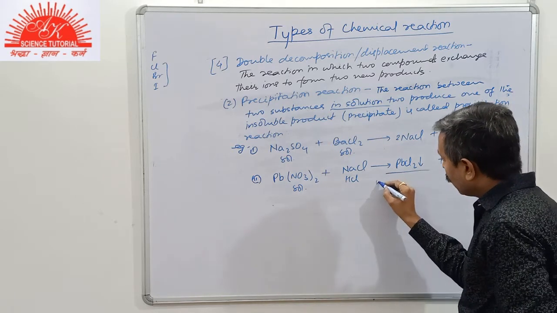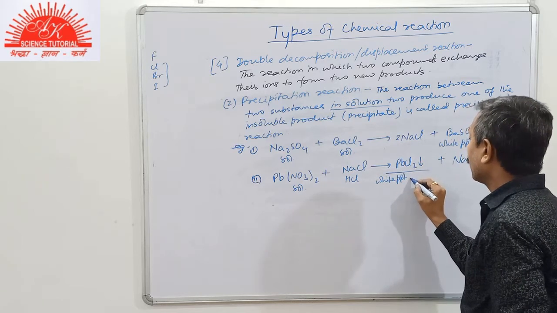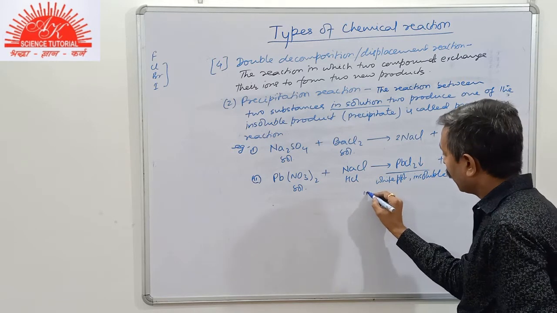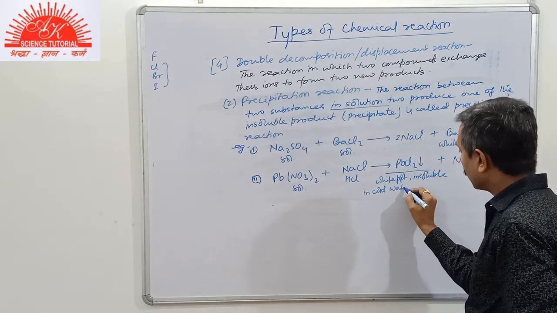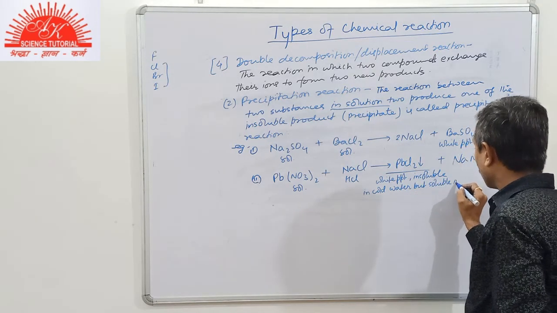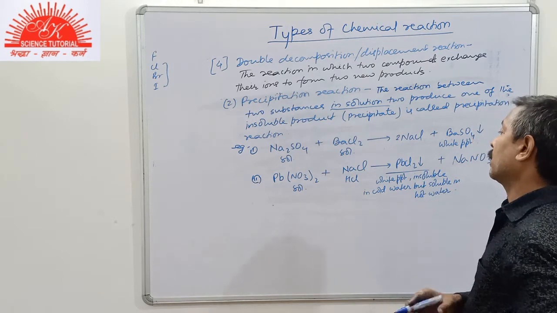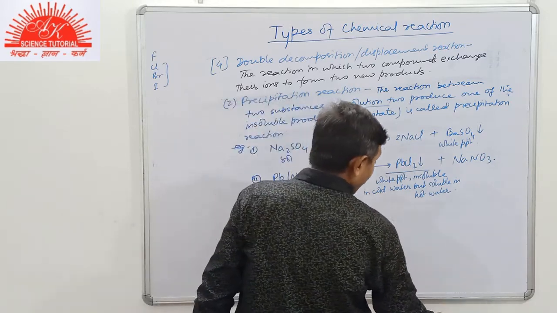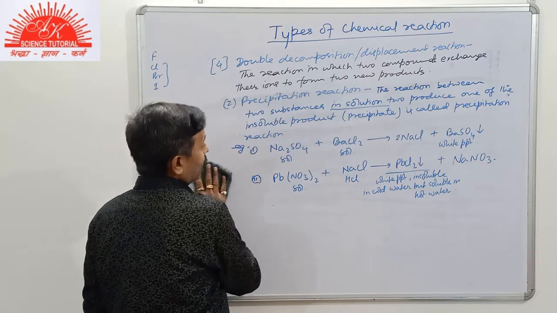This white precipitate is insoluble in cold water but soluble in hot water. This is the characteristic of lead chloride.